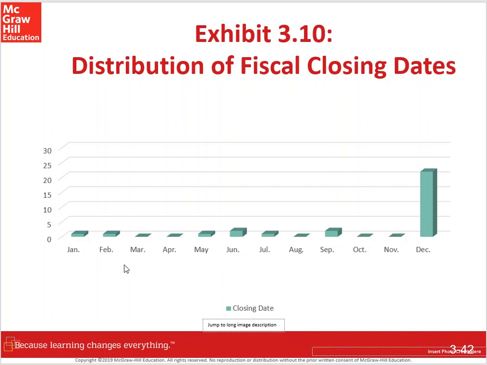Some of them will choose January as their year end, or maybe May or June, but it's up to each company. And it's a good thing because if everybody closed their year end all in December, it would be somewhat overwhelming for accountants and even the IRS. It's already a lot with most businesses closing in December. Imagine if everybody closed in December, it would make it that much worse.